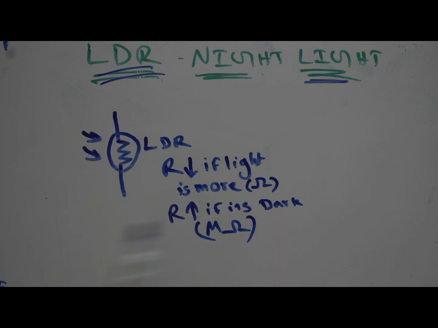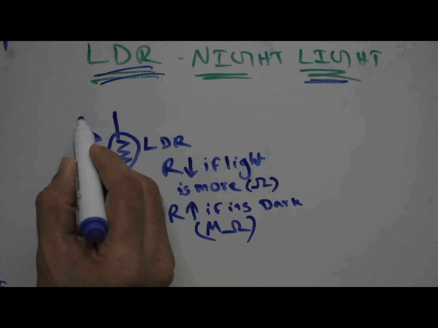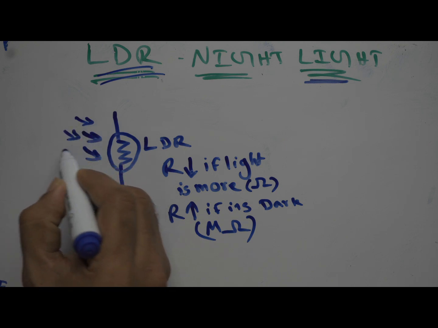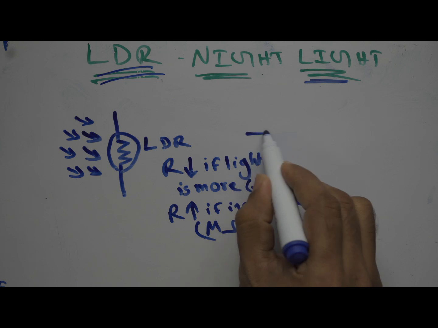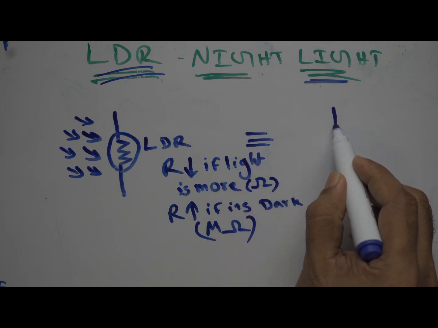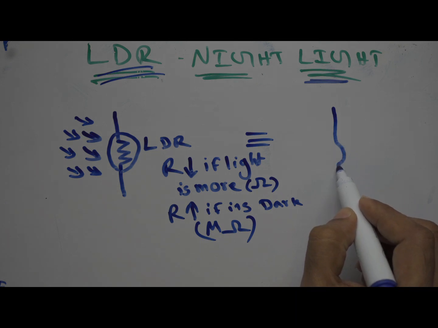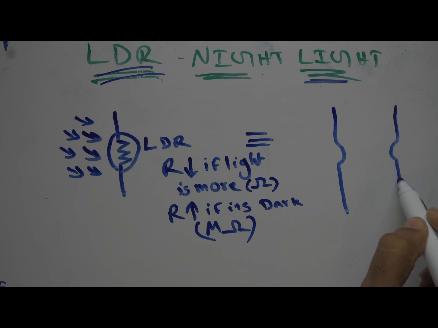And as a simple analogy, if you have more light here, this can be equated to water flowing through a pipe. That's how we usually represent resistors.